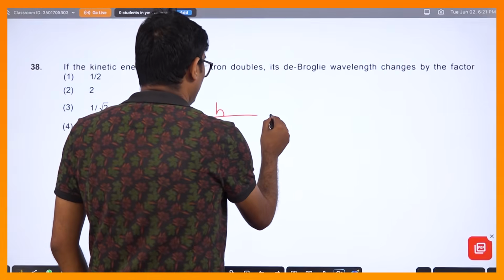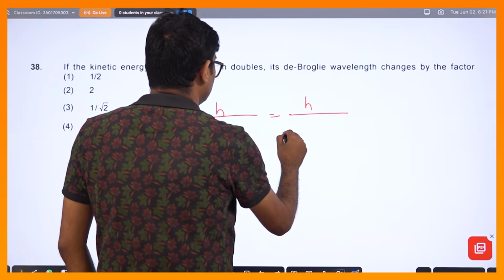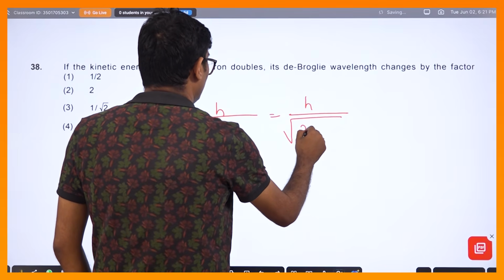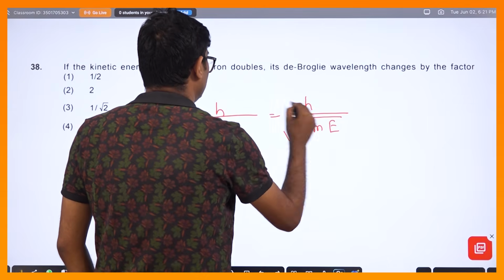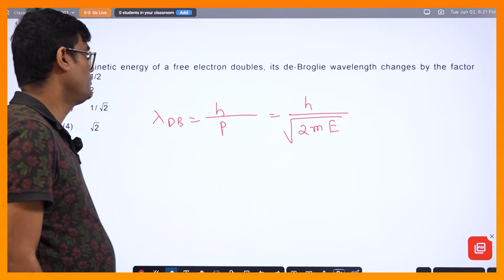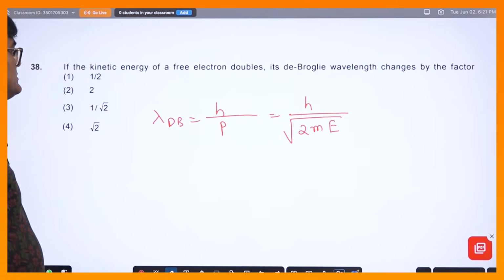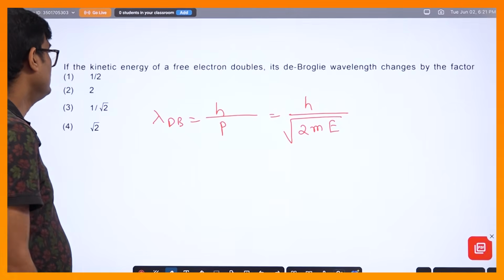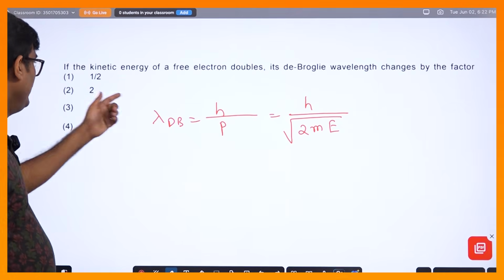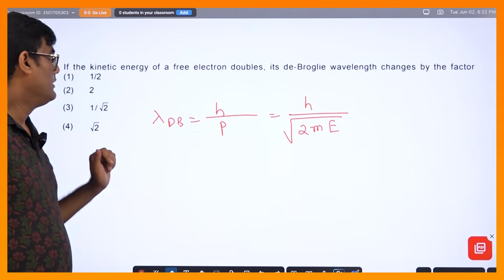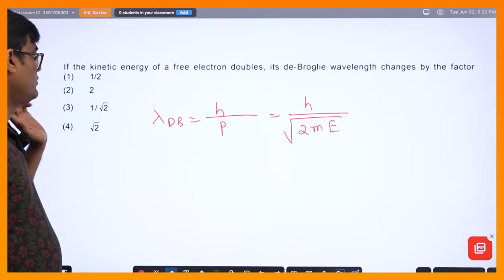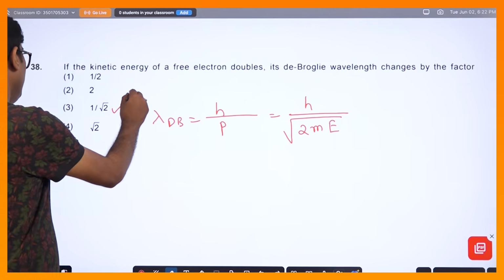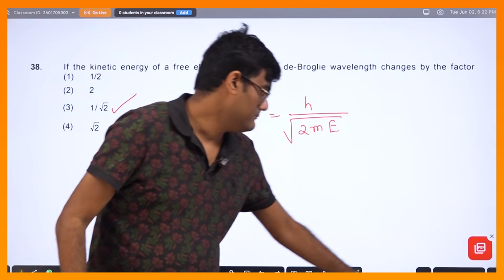So h by root of 2m times kinetic energy E is equal to the wavelength. If the kinetic energy becomes double, then the de Broglie wavelength becomes 1 by root 2 times, right? Option C is the correct choice.